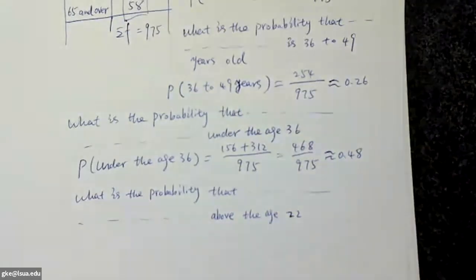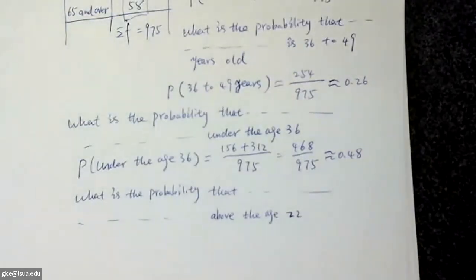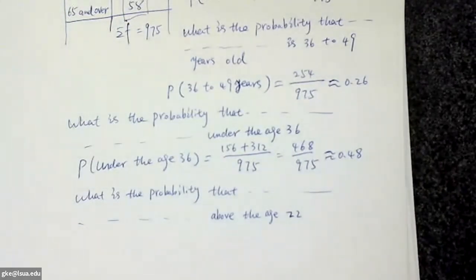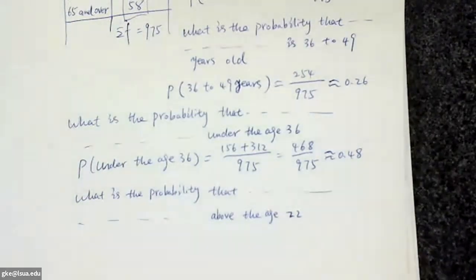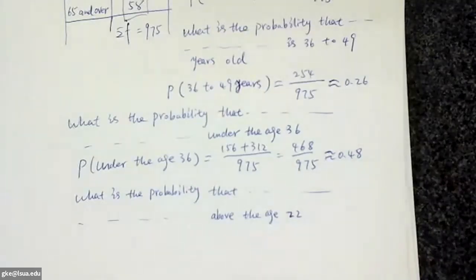Did you get it? I think so. What's your answer? I got 0.16. Yes, 0.84 is what I got. That's right. Okay, so what did I do wrong here? Above. Oh, okay. Oh, I see what I did.